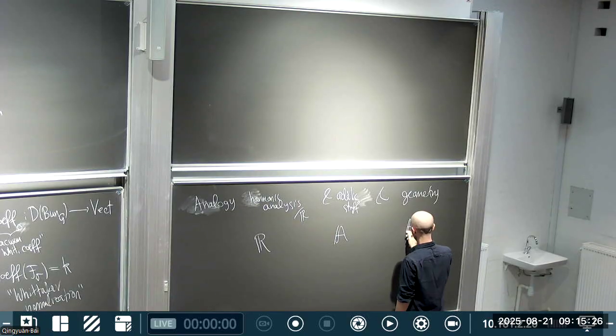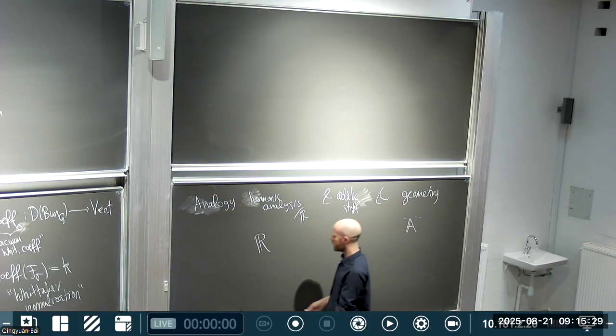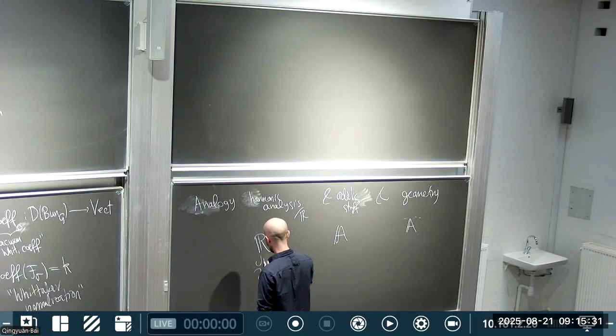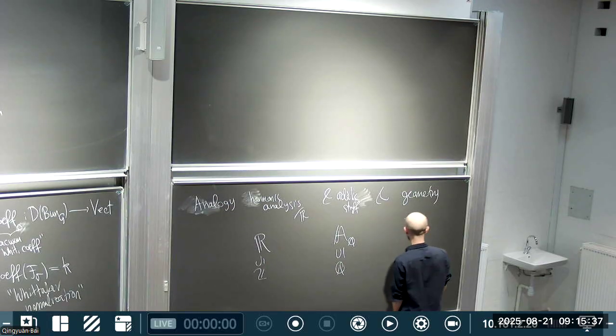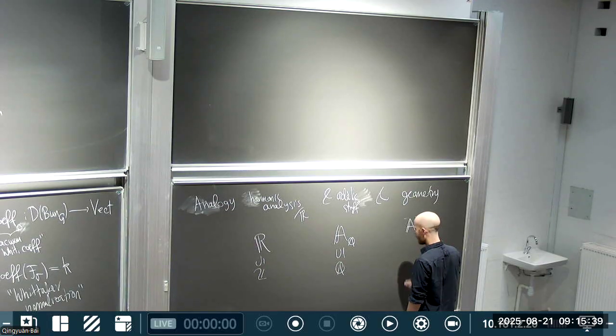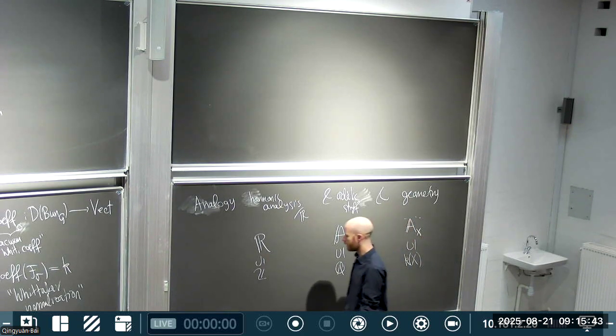Well, so the Adeles again, like in quotes. You have the integers inside of R, and that's going to be like your global field inside of the Adeles here. And this is going to be something like the function field inside of here.